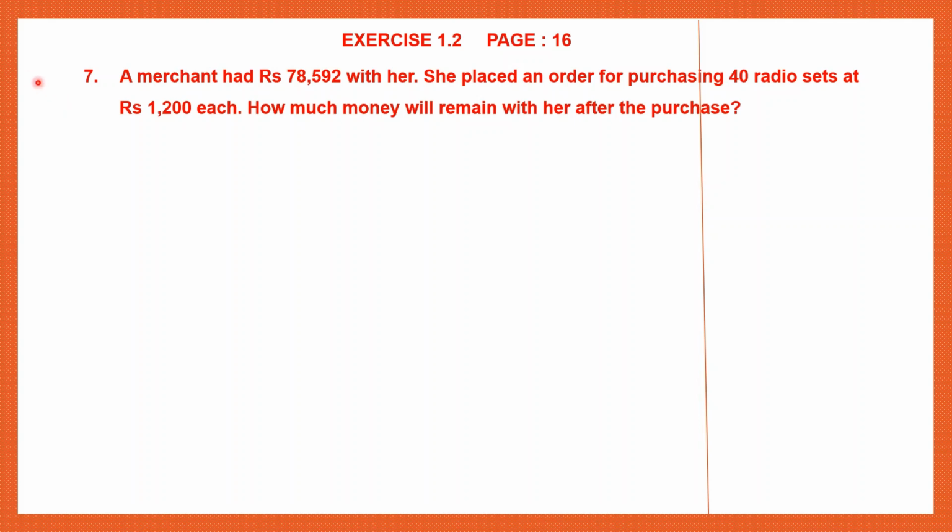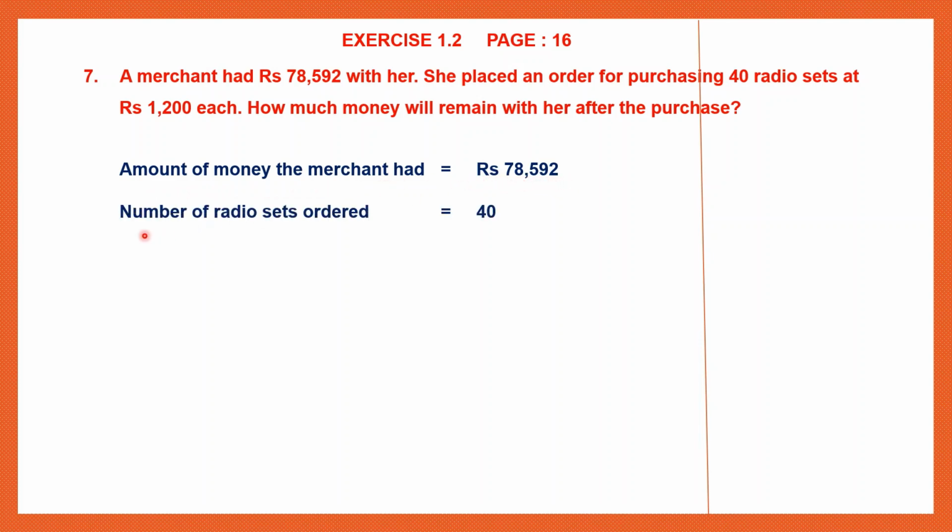So let's begin our statements. Amount of money the merchant had is rupees 78,592. Number of radio sets ordered. She ordered some, isn't it? How many did she order? 40 radio sets. What was the cost of each radio set? The cost of each radio set was 1,200 rupees.